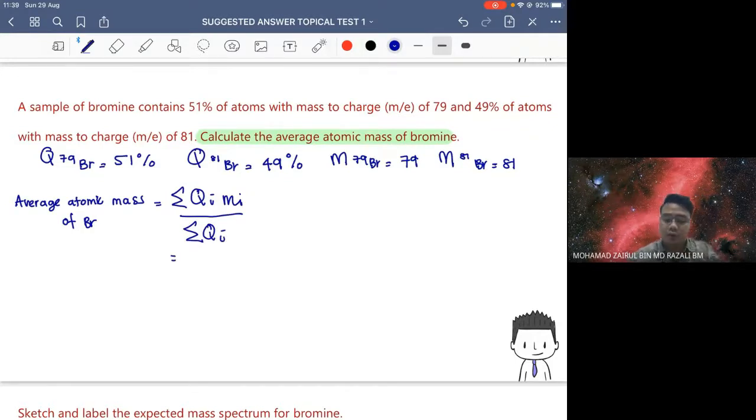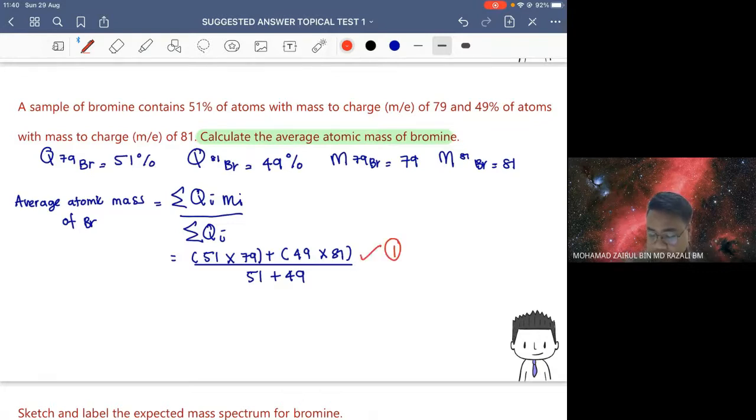So for bromine-79, the isotope abundance is 51 and the mass is 79, plus the isotope abundance for bromine-81 is 49 multiplied by 81, divided by the total isotopic abundance, which is 51 plus 49. So kalau awak substitute dengan betul dalam formula, awak akan dapat 1 markah. Kalau awak tekan calculator, your answer should be 79.98.